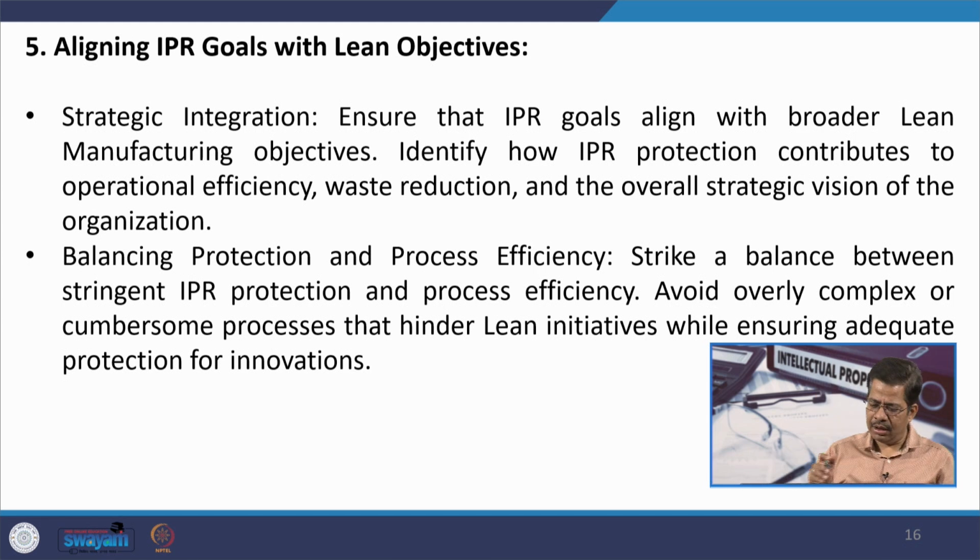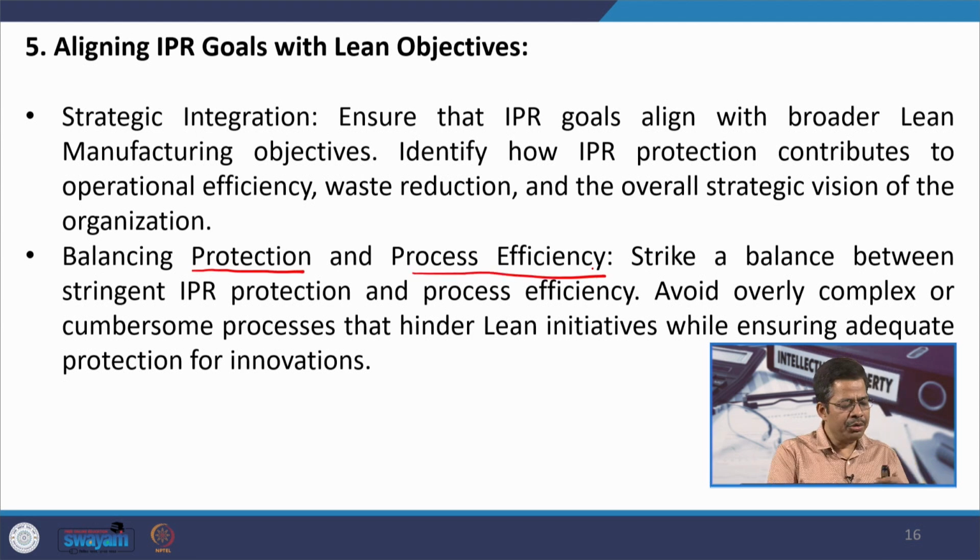Now we have understood that there is a close interaction between lean and IPR. So, with this we want to improve our protection and also process efficiency. If you start focusing too much on efficiency, you may lose, because you will think that this is not adding value, this is not adding value.